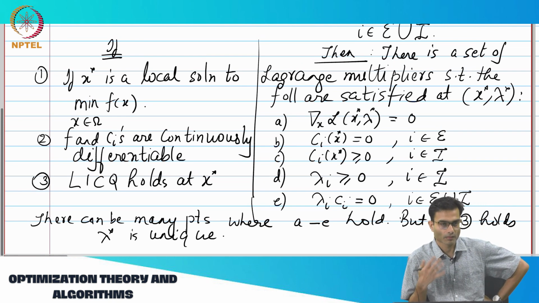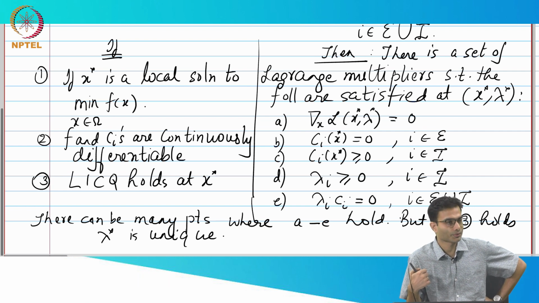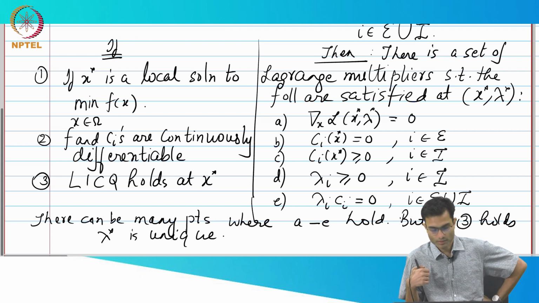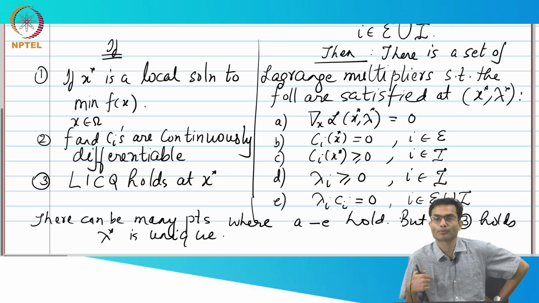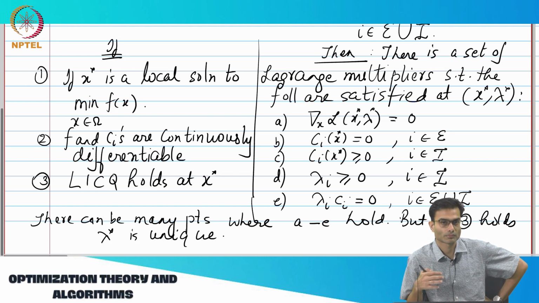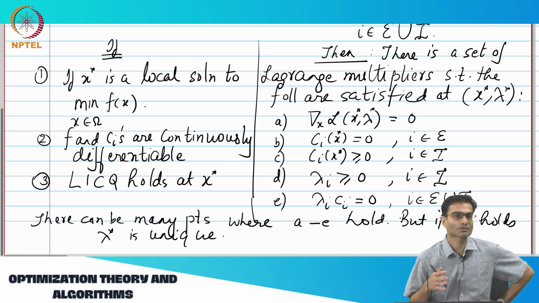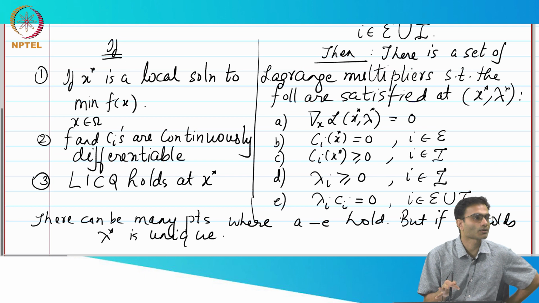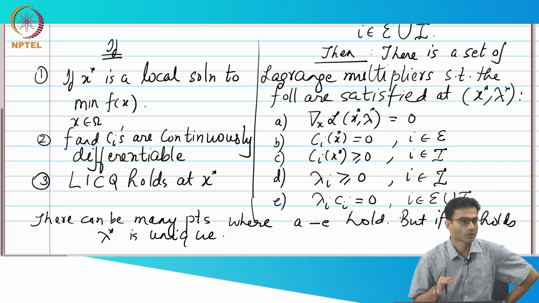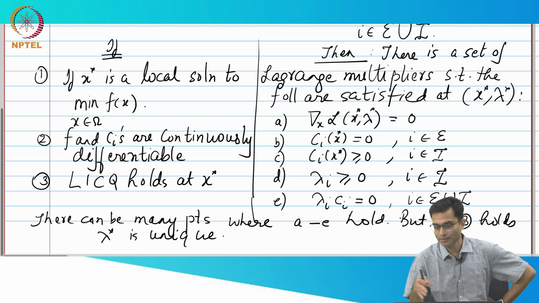If what? Obviously I am considering a point x star to be a local solution to this problem, f and c are continuously differentiable, and most importantly LICQ holds. These three points have to be satisfied for us to start the test. If some of these are not true, there is no sense in applying the then part of this theorem.